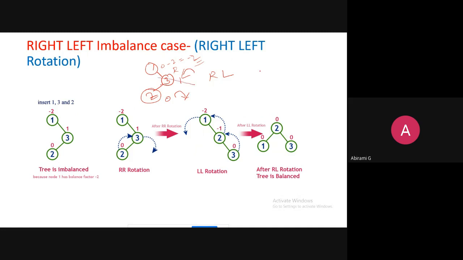If we do so, rotate 2 and 3: first at the lower level, 2 will go here and 3 will come. Then we do the left rotation on 1, 2, 3. So if it is a right left imbalance case, the rotation is also right left. For that we do the lower level first, then the upper level: right rotation, then left rotation.